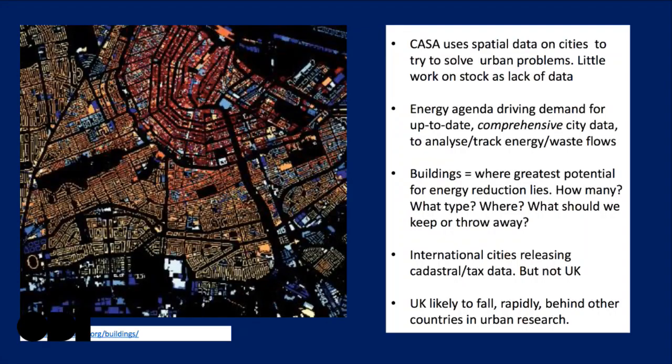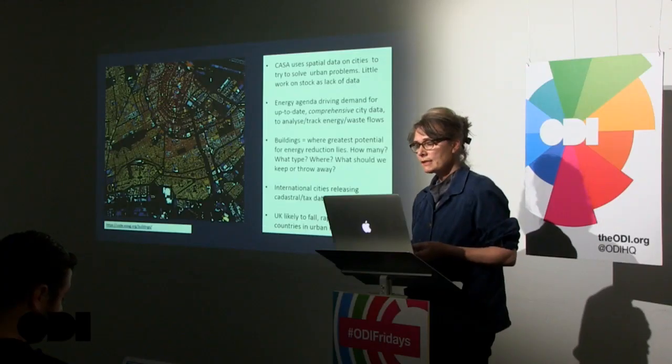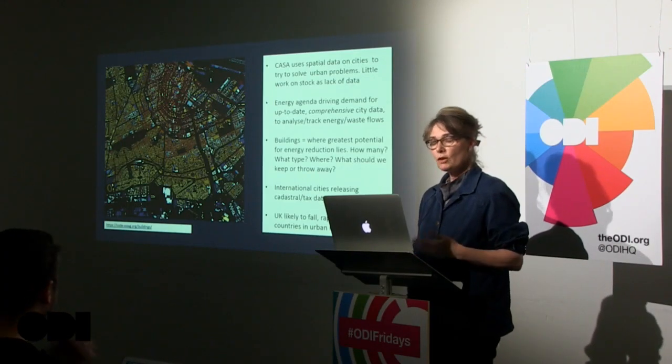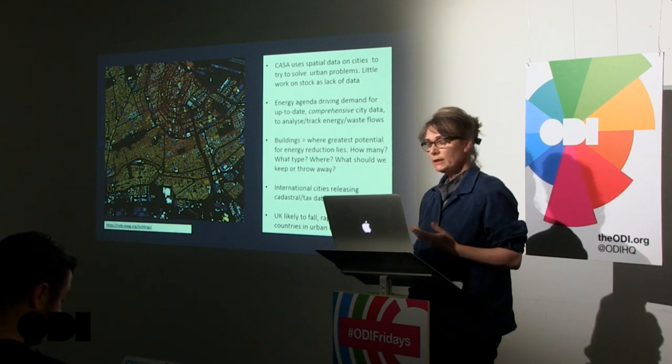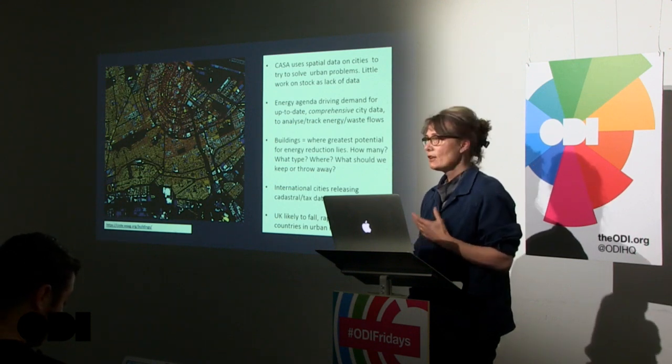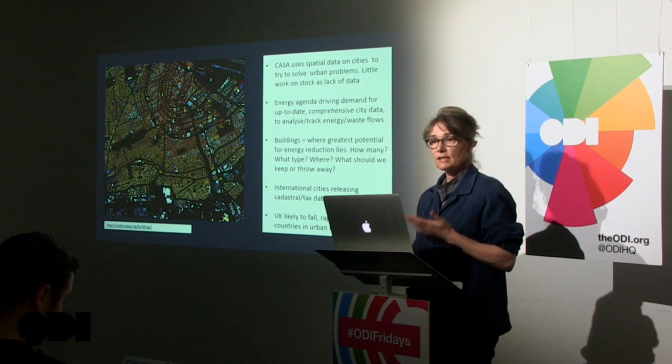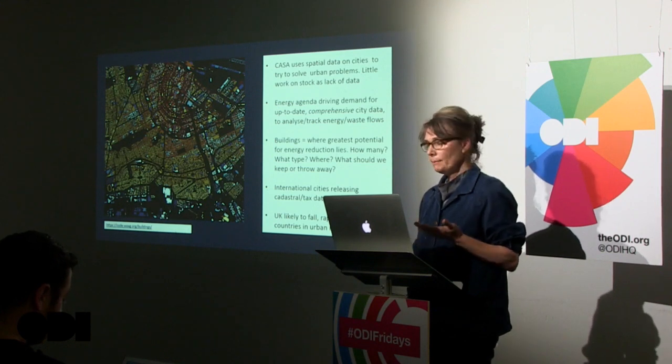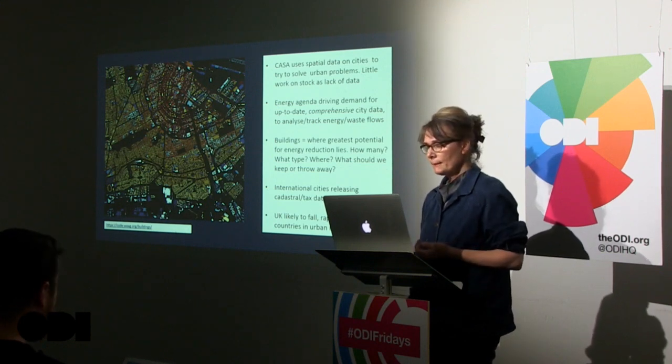So what's happened since the 1990s in Europe is that the energy agenda is driving demand for up-to-date, comprehensive data to analyse and track energy and waste flows. Buildings are seen as where the greatest potential for energy reduction lies, but we don't know how many we've got, what type, where, what we should be keeping or throwing away. We need to start having this discussion, and the first thing is actually just having basic information that you can use to have these discussions.